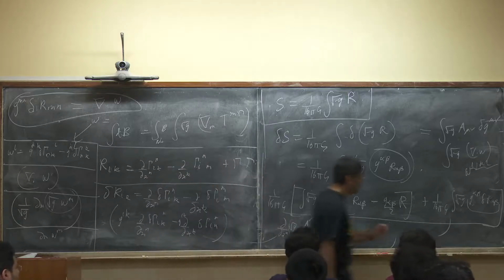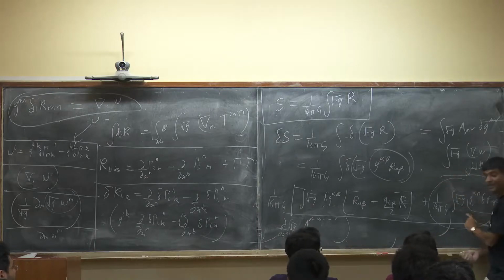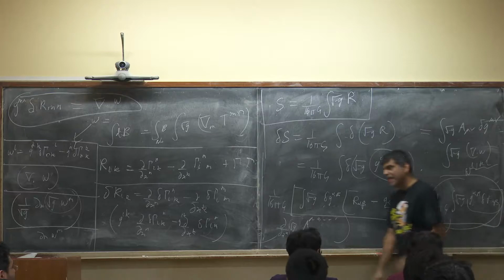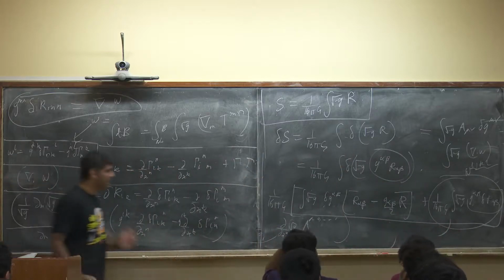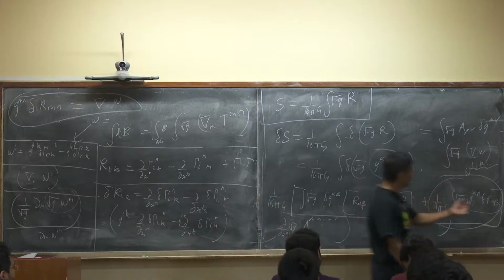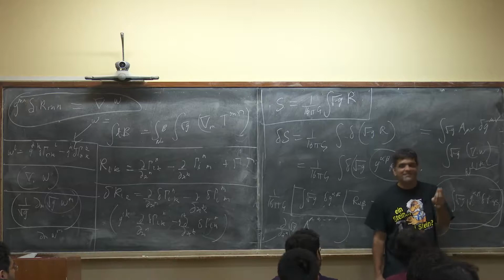Okay, great. But returning to more pressing issues, this quantity was a total derivative. The fact that it's a total derivative means that it will not contribute to the part of the variation of the action from local values of g.